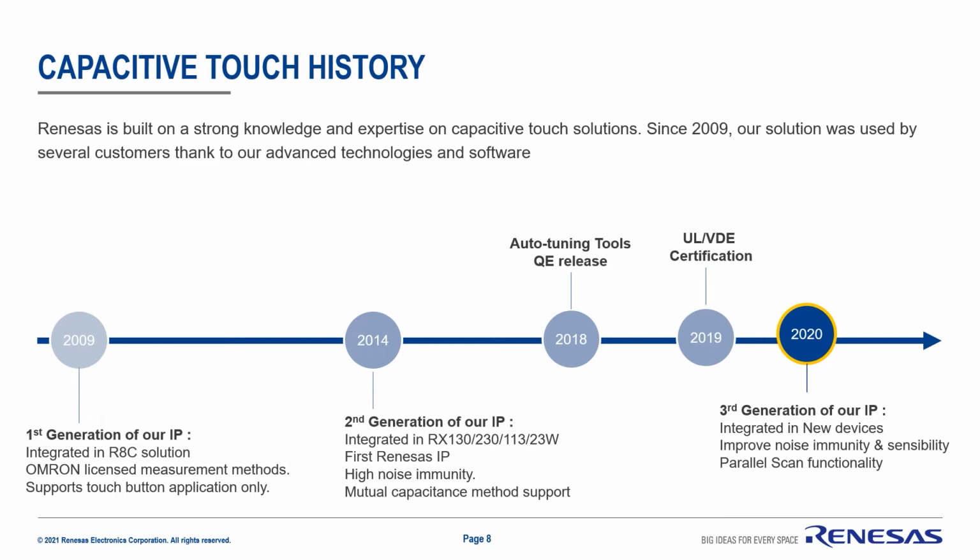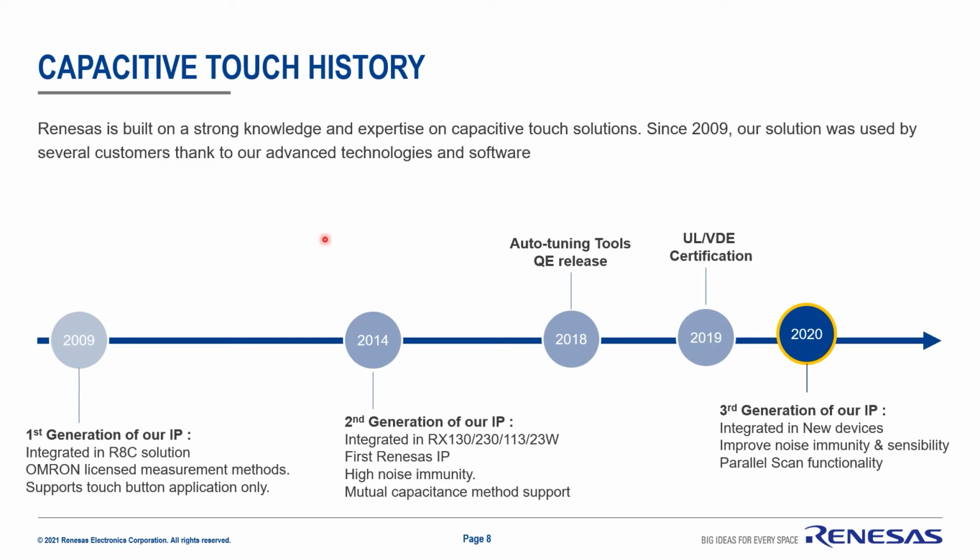Capacitive touch history. Renesas has strong knowledge of capacitive touch technology. We integrated our first solution in an R8C in 2009. It was based on a relaxation oscillator measurement method. At this time, we supported only touch button applications.